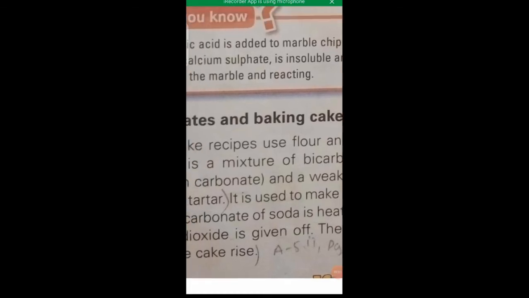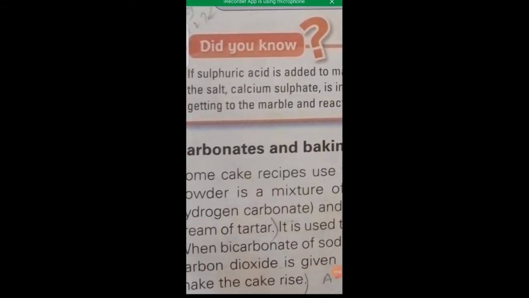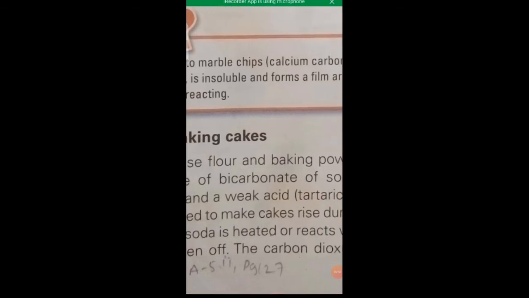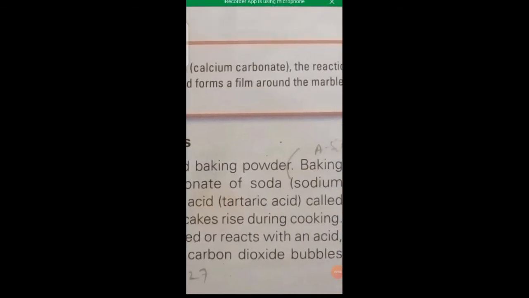Okay. Now we will talk about carbonates and baking cakes. You know that baking soda is used in the baking of cakes. Baking soda is a mixture of bicarbonate of soda, sodium hydrogen carbonate, and a weak acid, tartaric acid, called cream of tartar. Whenever bicarbonate of soda is heated or reacted with acid, carbon dioxide is given off.